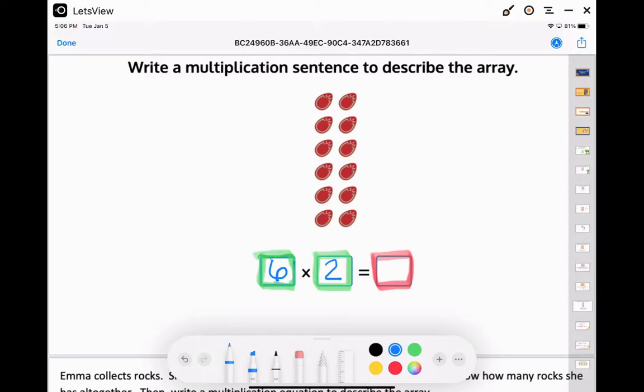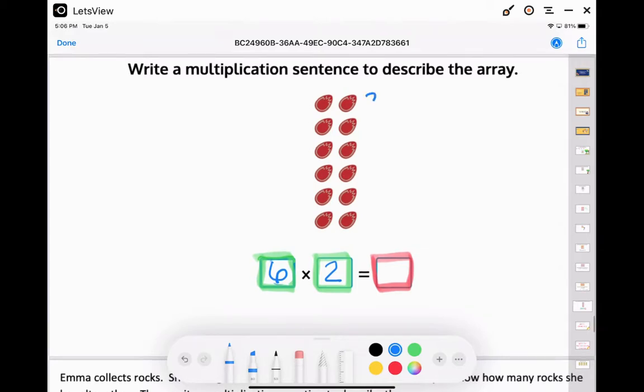The last number is our total number of seeds, or our product. We could skip count by 2's to figure this answer out. 2, 4, 6, 8, 10, 12. 6 times 2 equals 12. How did you do, everyone?